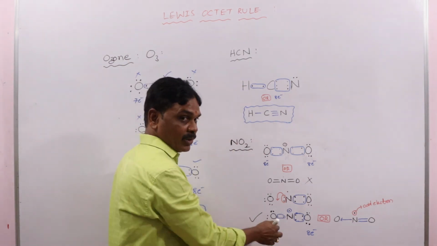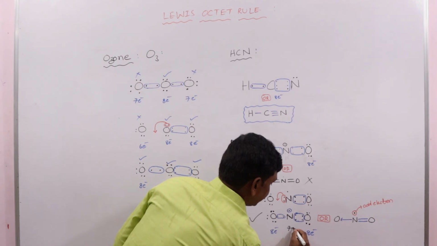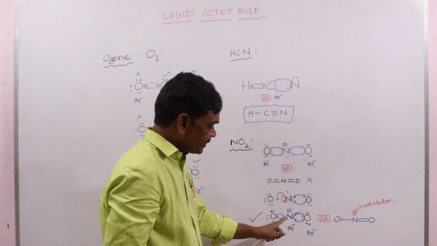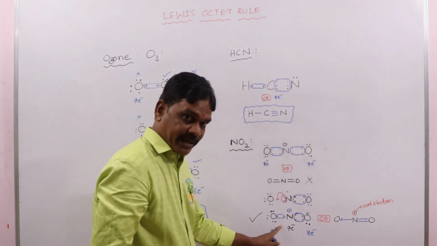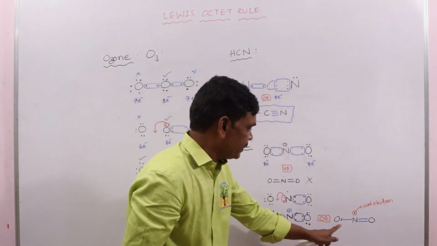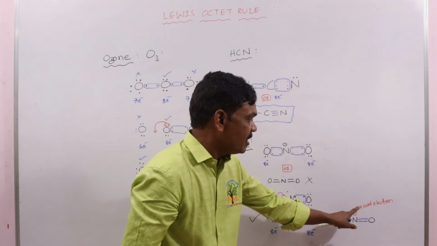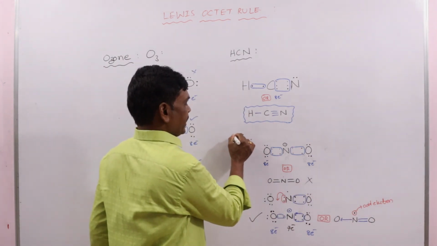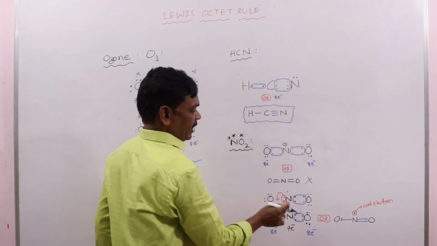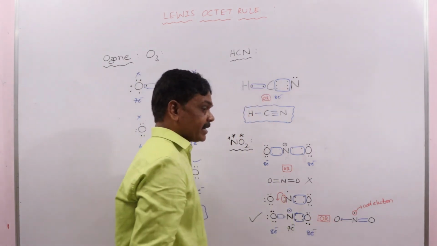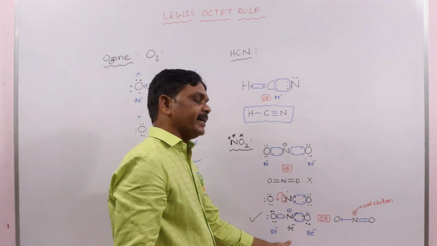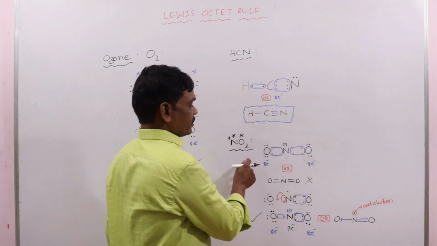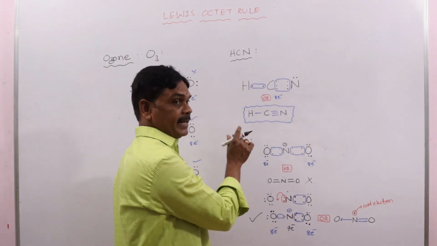Here it is not getting 8 electrons, but the molecule exists. The structure of the NO2 molecule is like this, having one odd electron. Nitrogen is not getting 8 electrons, but NO2 is still stable, a molecule with one odd electron. NO2 is very important.